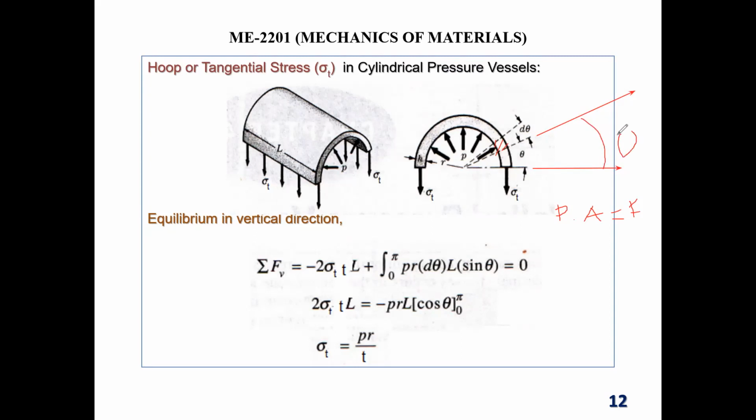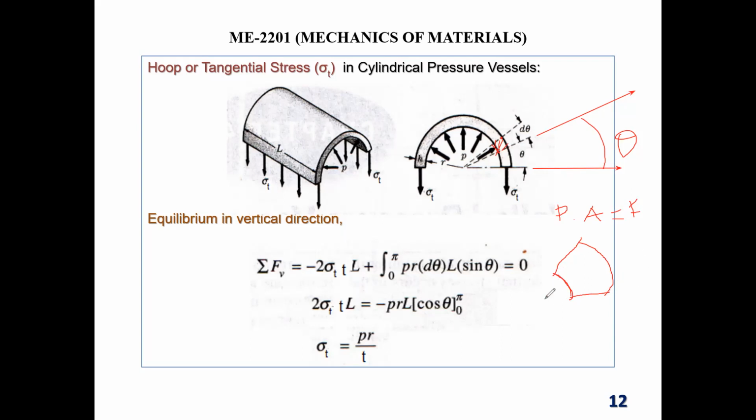This angle is theta, and this point and this point make angle d theta with the center of the cylinder. Then we can figure out the small length over here. What we took is actually a chunk of material in this shape, and this material is going throughout the length.